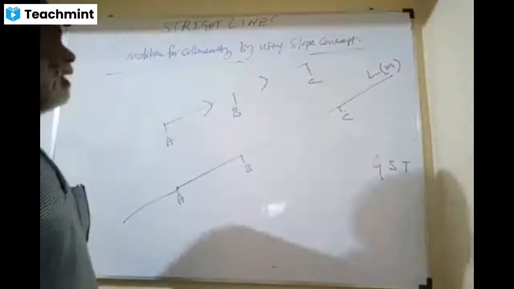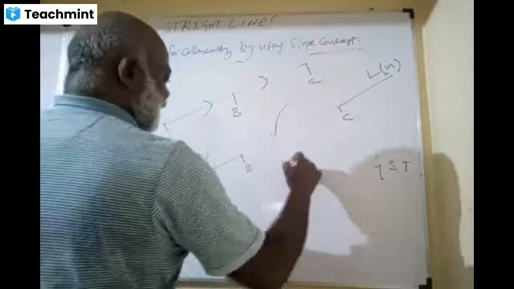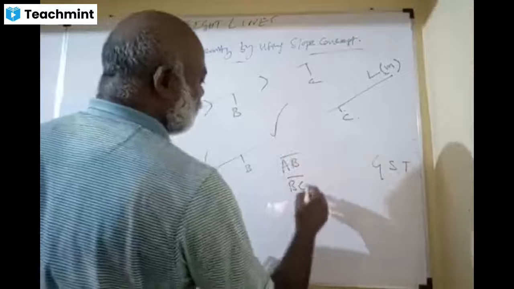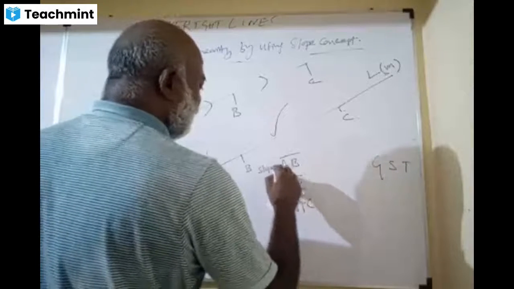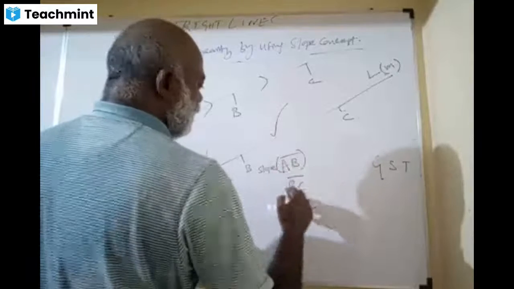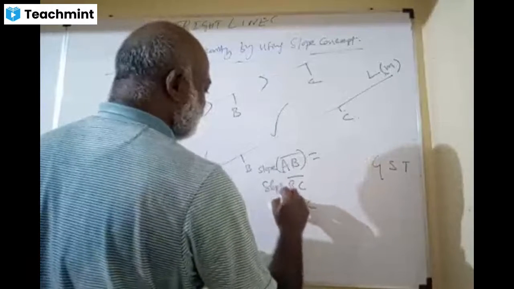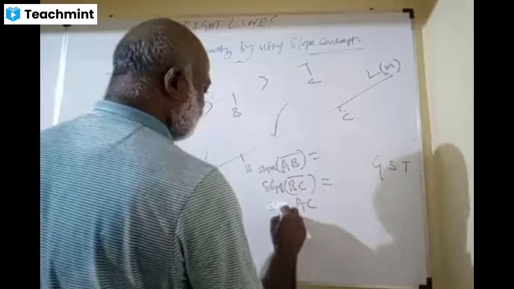So now you take the AB segment, the BC segment, and the AC segment. Slope of AB is equal to slope of BC is equal to slope of AC.